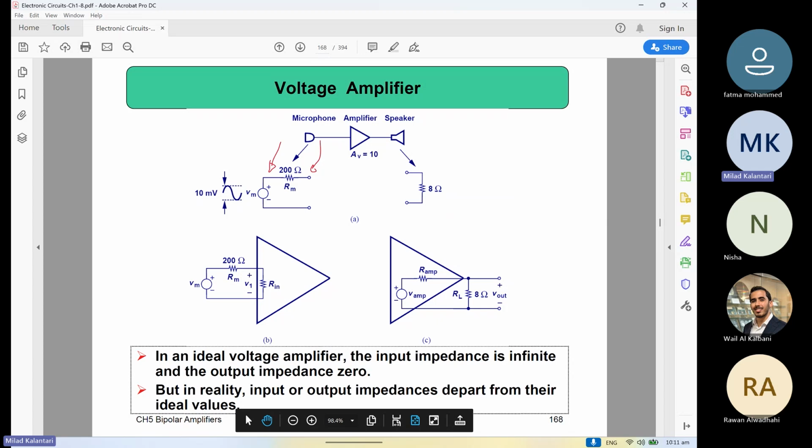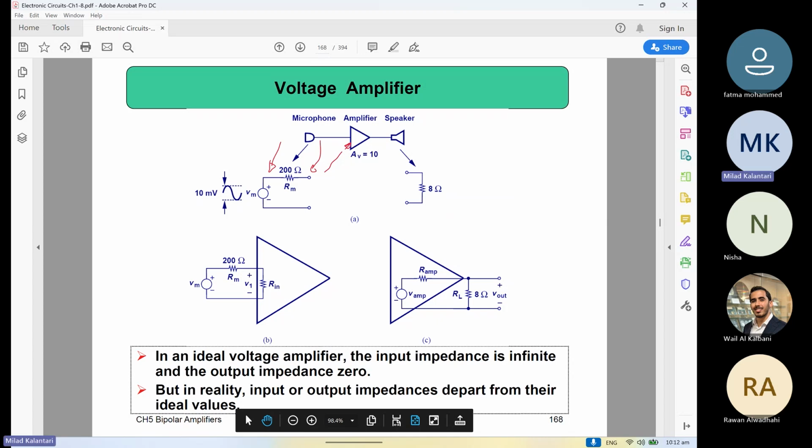It's not a pure voltage source. It is like a Thevenin equivalent, so it also has some internal resistance. Then you connect this to your amplifier. You want to amplify the signal to drive your speaker. And the speaker itself is something like a resistive load, and you need to drive it.